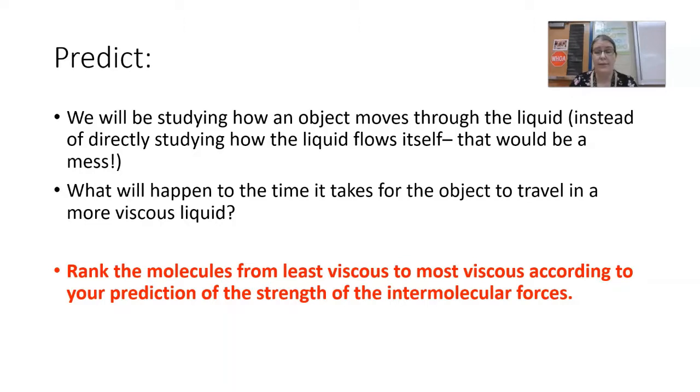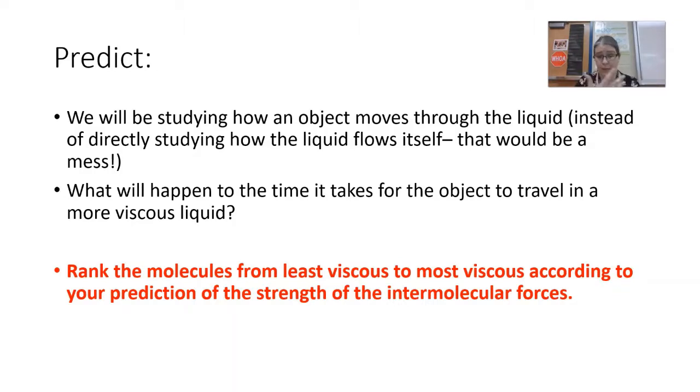So we have to think about what will happen to the time it takes for the object to travel in a viscous liquid. Well, and of course, if you think about it, if you have a molecule that's difficult to move, it's going to take more time for that ball bearing to be able to fall through it, because it's going to take more energy and time to move the molecules out of the way of the object as it falls.